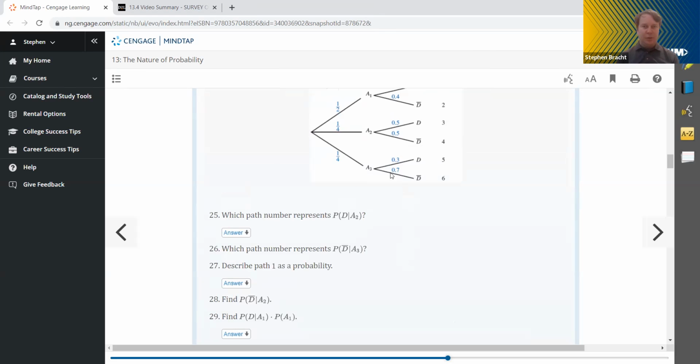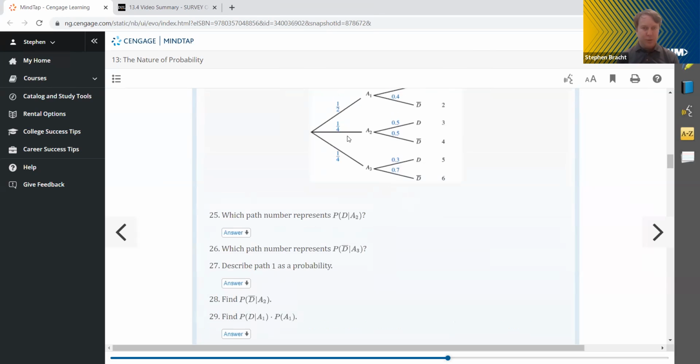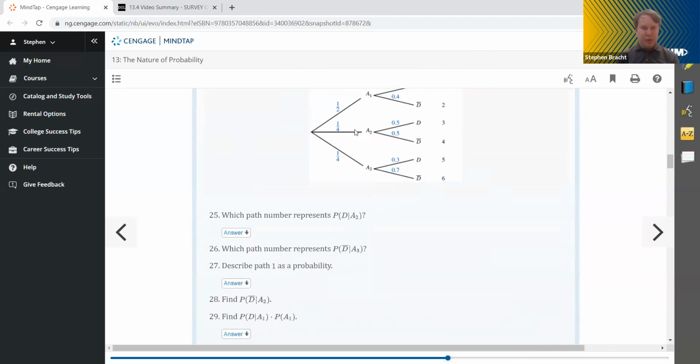The probability of A2 is 1/4, and the probability of D corresponding to A2 is 0.5. Because it's an intersection, we multiply those together. So it's going to be 1/4 times 0.5, or 1/4 times 1/2 is what you're looking at.